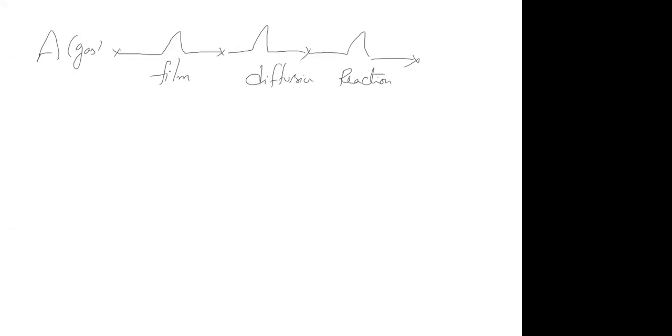Now, within the reaction, if you try to see, once the particle is on the surface, there are three steps again. What are the three steps? Adsorption, reaction, and desorption.